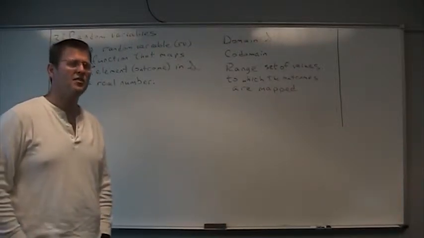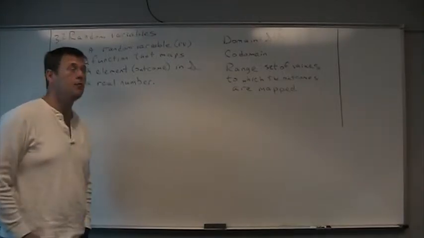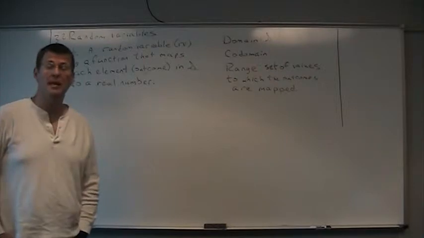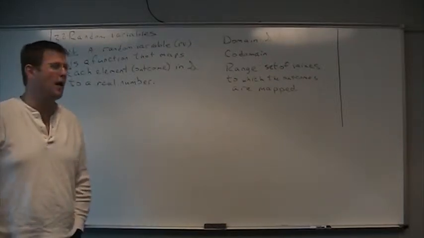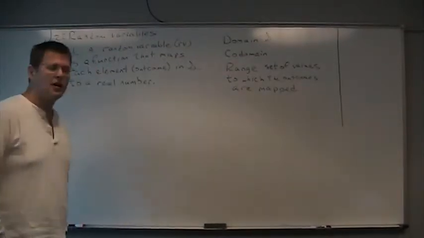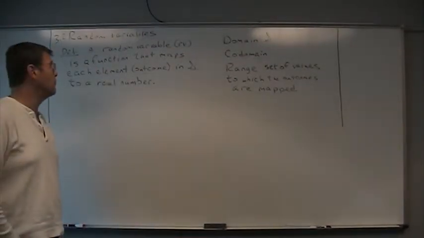In some cases, the codomain for a random variable will end up being the set of real numbers, because there are times when a random variable can take on the value of any real number.